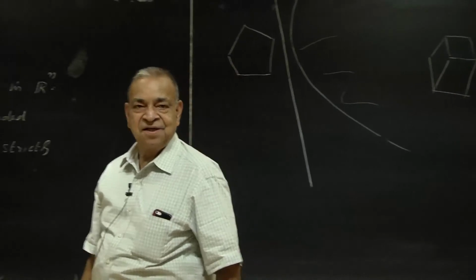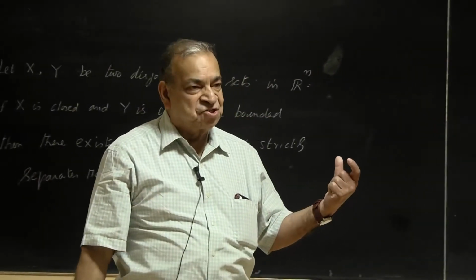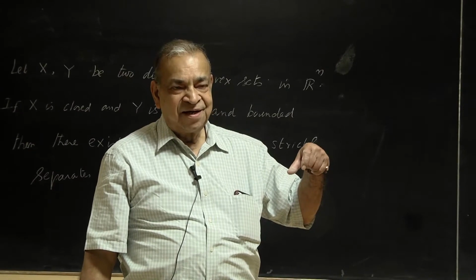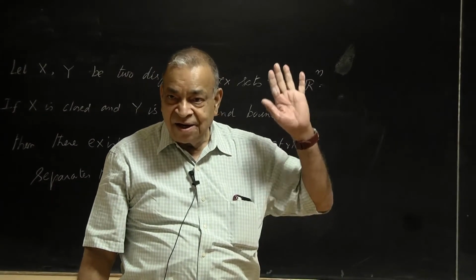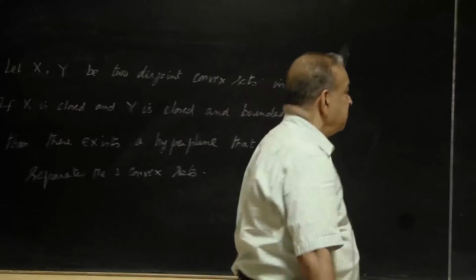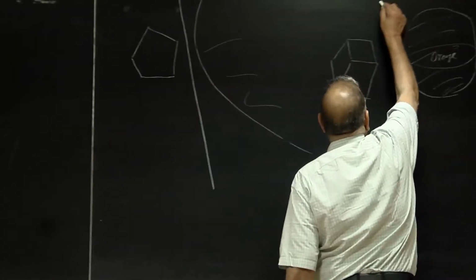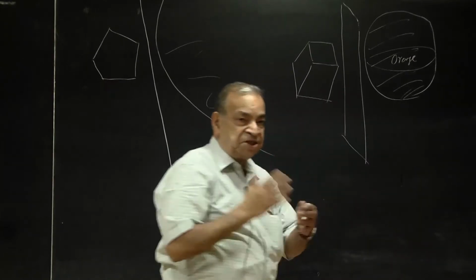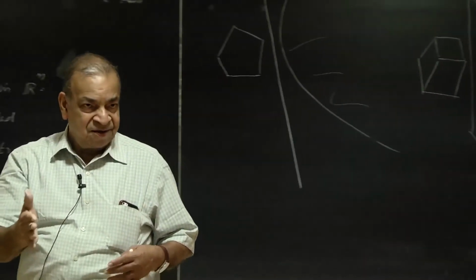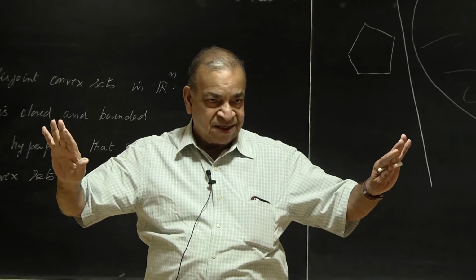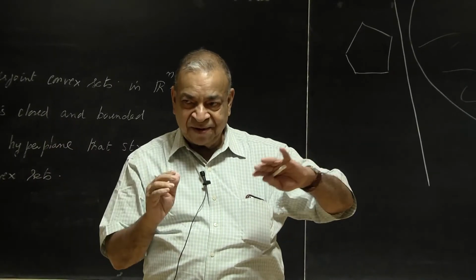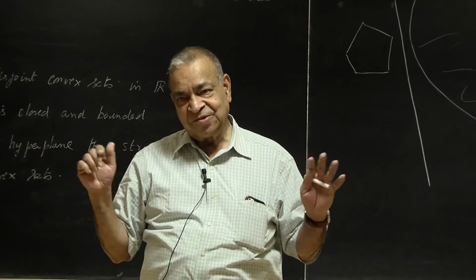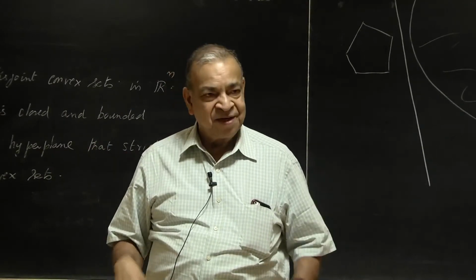Agree? Orange. And if these two sets are disjoint, what does separation theorem say? You have a plane which separates the two. That means I can put a sheet of paper which is in between the two sets, and the sheet of paper contains neither the points of this nor the points of that. So this is the so-called separation theorem.